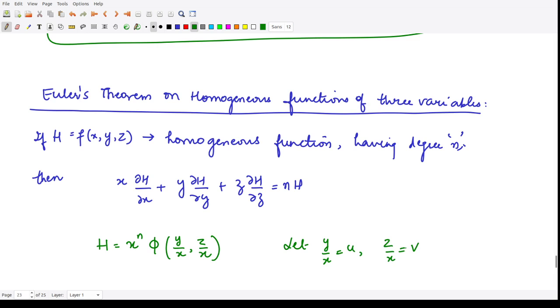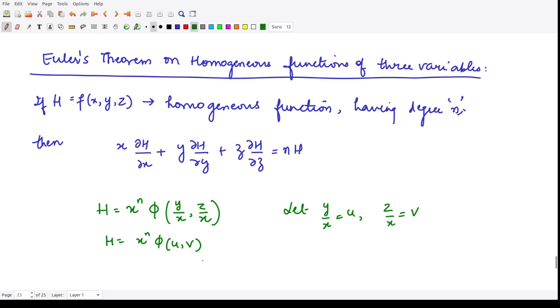So h would be equal to x to the power n phi of u comma v. Now you could proceed in the same manner as we did for the two variable system, and finally you would reach this particular result. So this is an exercise for you to solve.